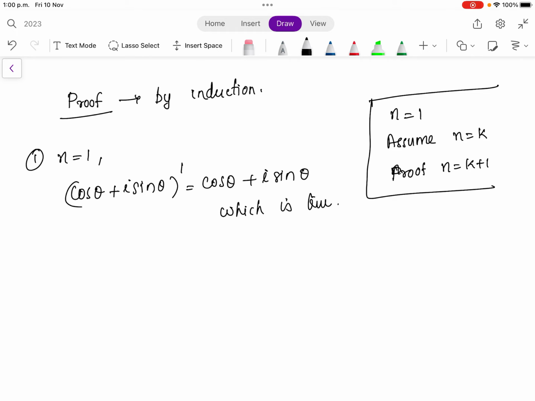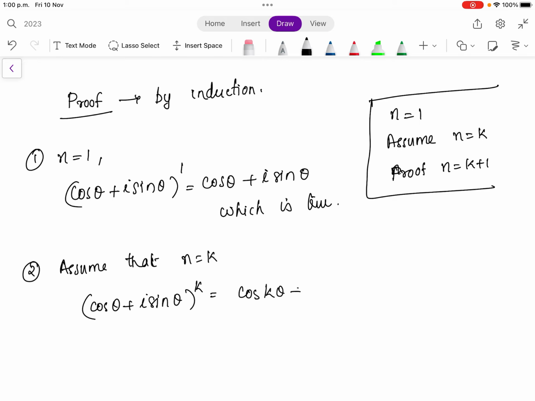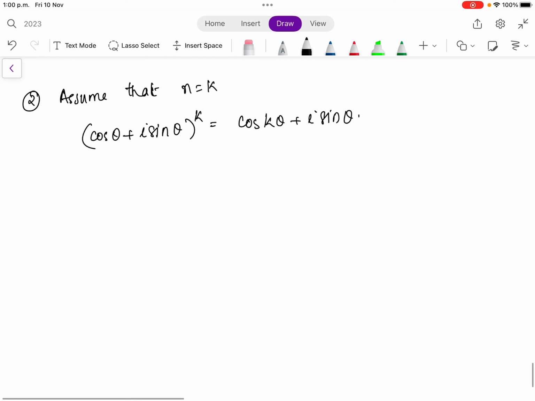Okay, so the first step is done. Second step is we assume that it's true for n is equal to k. So I can write that (cos theta plus i sin theta) to the power of k is equal to cos k theta plus i sin k theta. So this is the assumption which we are taking for proving that.